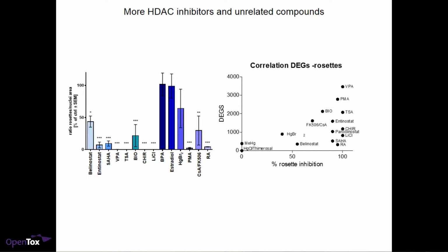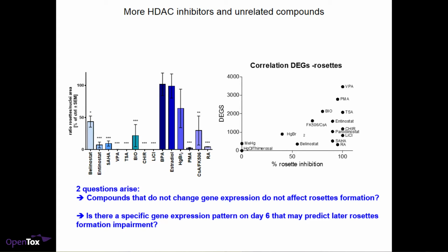And this, we can say no, this is not the case, because if you look here at methyl mercury, you have differentially expressed genes, but no inhibition of rosette formation. Whereas for retinoic acid, for example, the same amount of genes is changed, but we have a full inhibition of rosette formation.